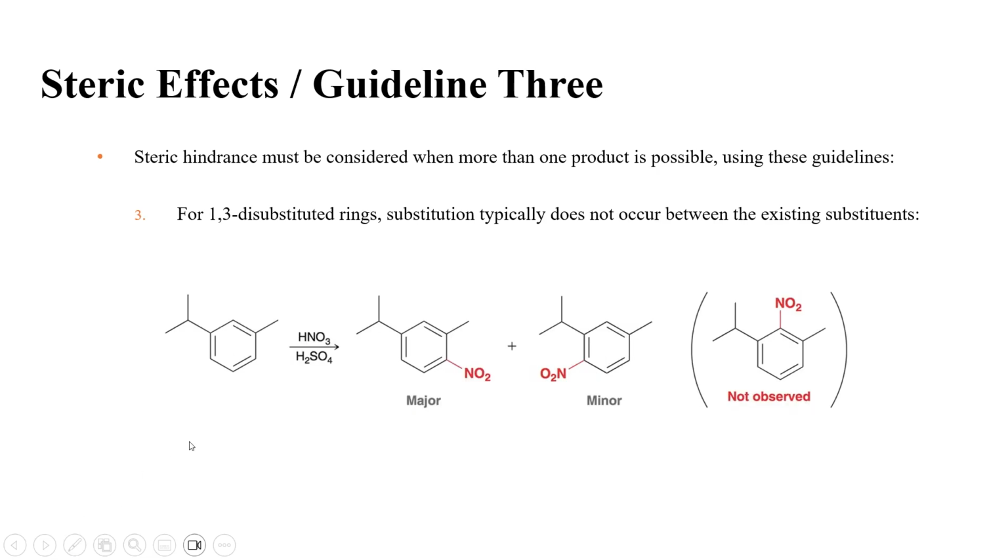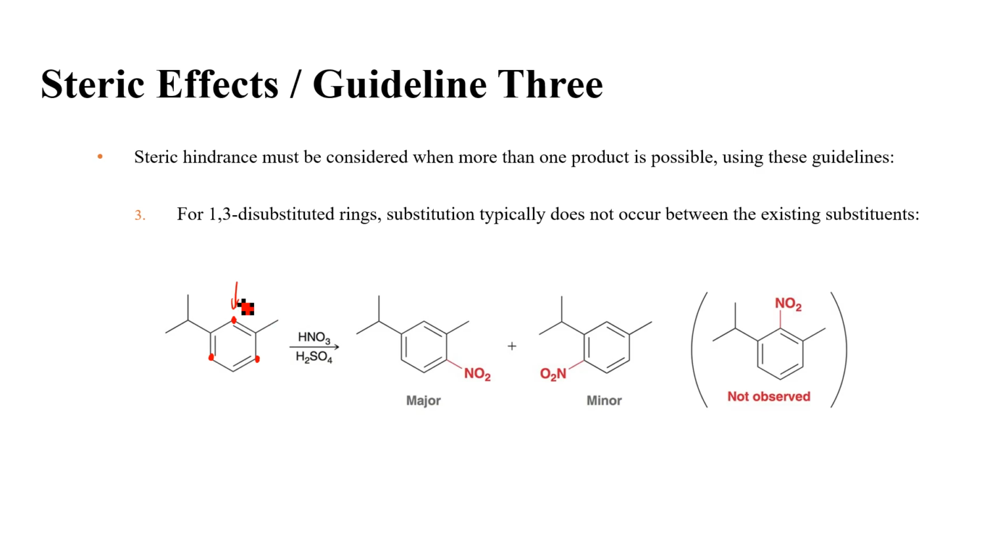Let's go to the next part of sterics, because sterics do play a role, right? Notice now these activating groups are meta to each other, right? And the question is, when you do a nitration, where is it going to go? Is it going to go at this ortho position, right, relative to the methyl? Or if you're talking about relative to this, there's another ortho position available right over here.